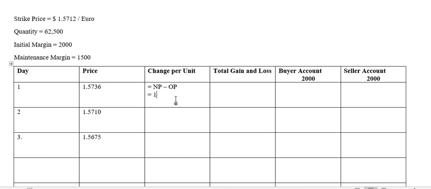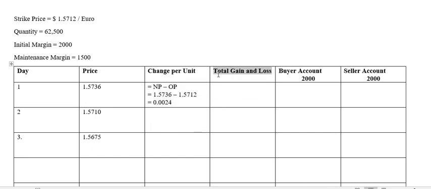So the new price is 1.5736, while the old price is the contract price that we have for the time being, 1.5712. The difference is 0.0024, which is the increase in the price of €1, or in the value of €1.